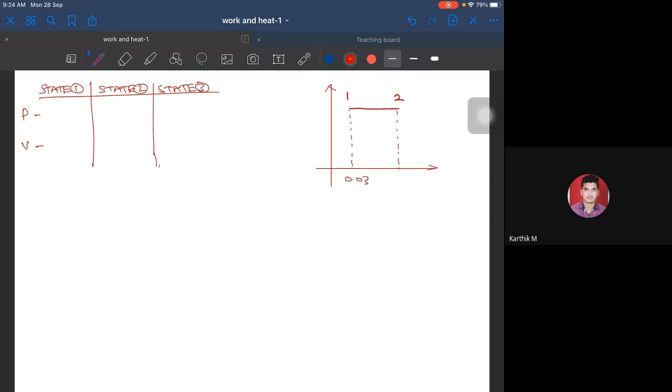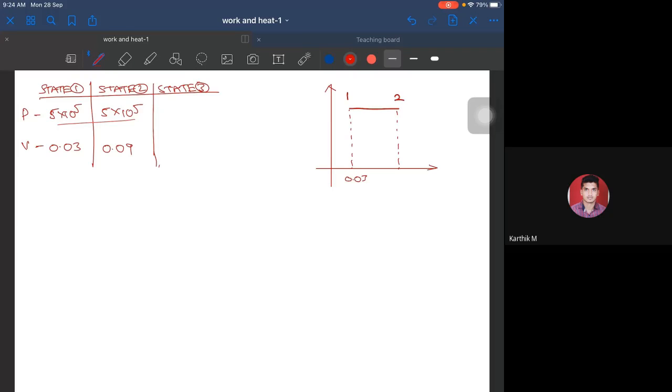Volume at state 2: 0.09 meter cube. Any information regarding the pressure at which the isobaric process happened? 5 bar, convert it, so 5 into 10 to the power of 5, correct? So both the pressures are the same as this is an isobaric process. What else? Any other information?